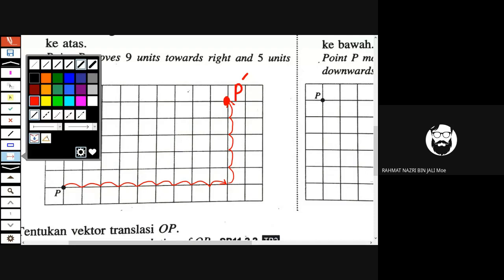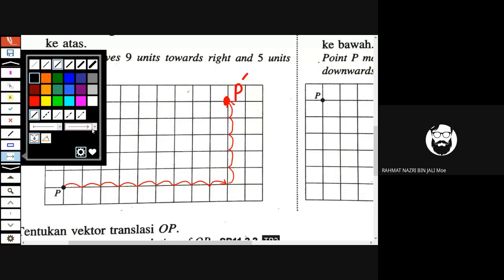Kecilkan sikit. Warna hitam. Arrow di tengah-tengah ada. Mana saya cari arrow tengah? Oh, tak ada. Kepala dia tak ada.